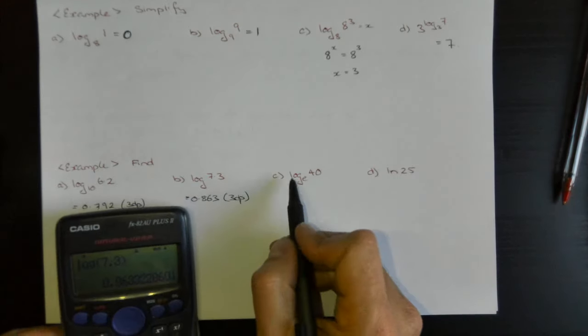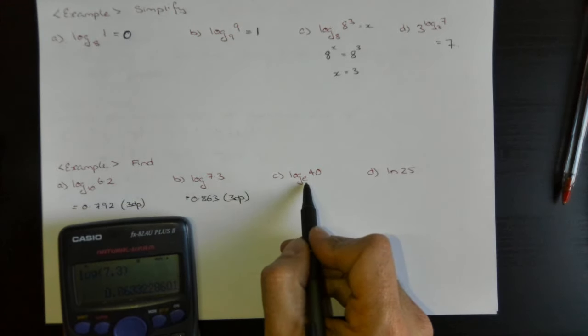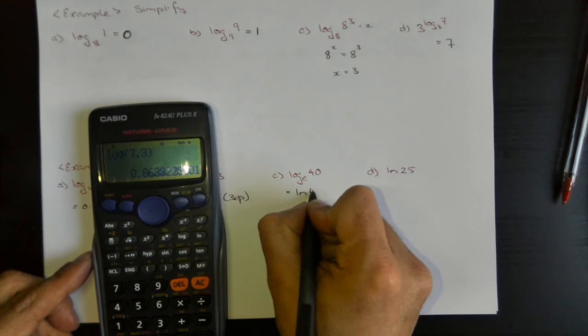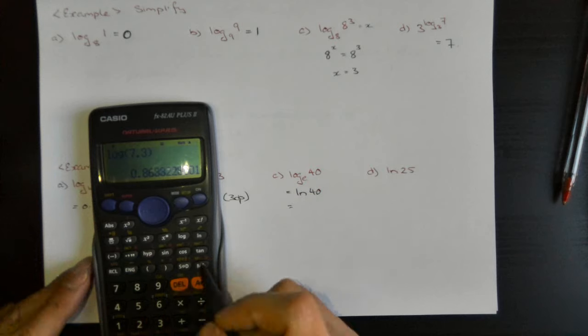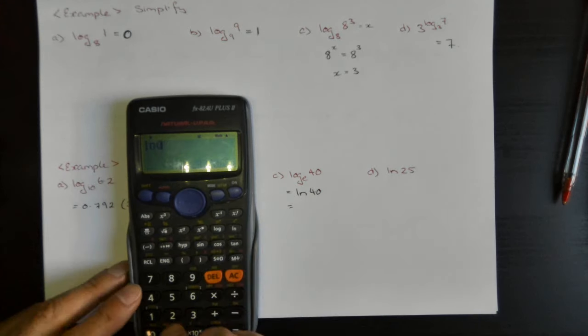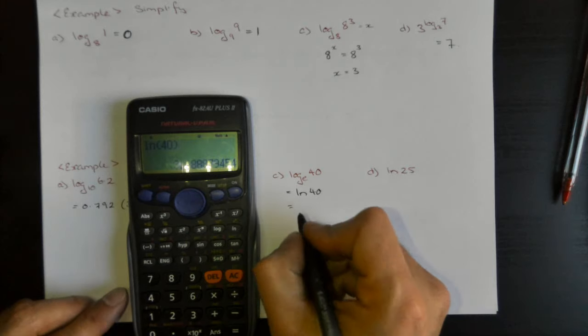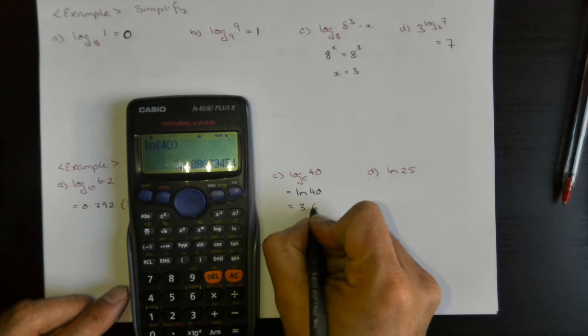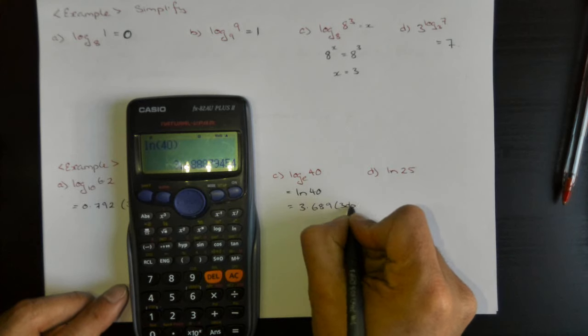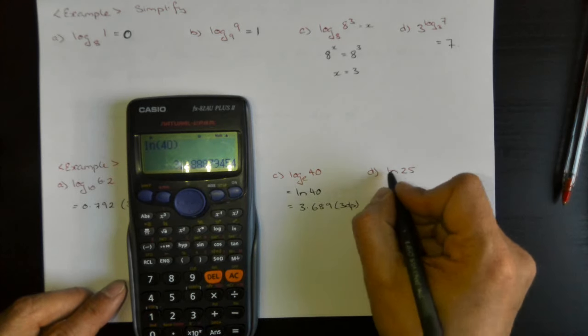Okay, now we have log of e. Log of e can also be written as ln 40, and we're going to use this button. So ln 40 is 3.689. And here we go, it's another log of e, so natural log.